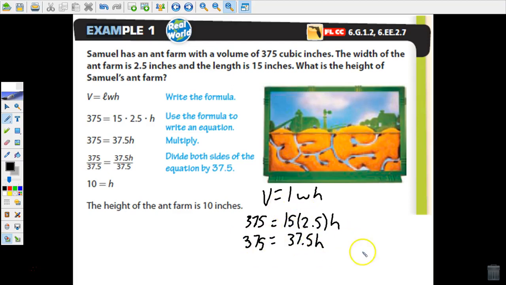So now I've got this attached, but I need to figure out what H is. So to solve for H, I need to get it all alone. And since it's multiplication, I do the opposite, and that is division. When I divide 375 by 37.5, I get 10.